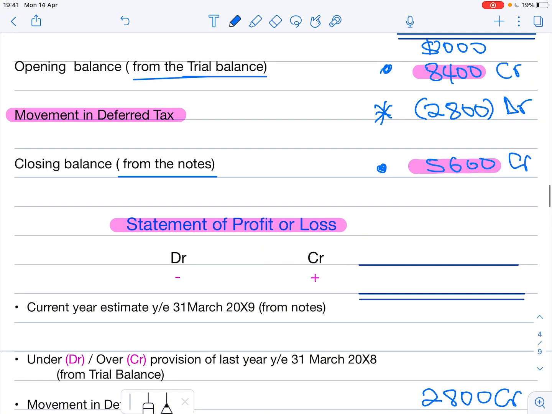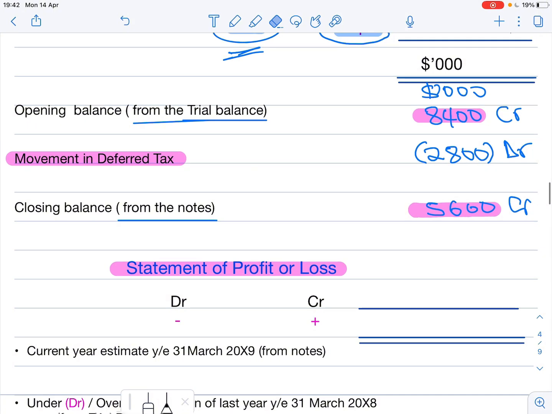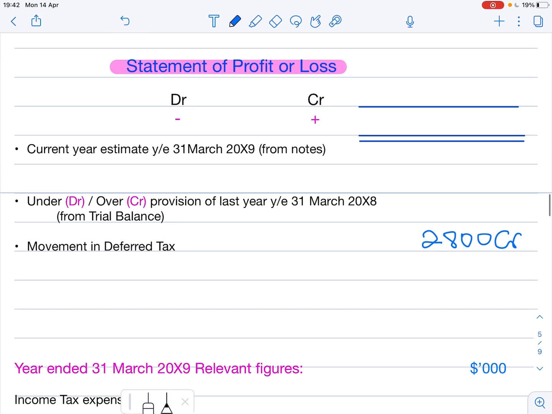All right, moving on. So we need to go back to the story, but just before we go back to that note, let's tidy up this and say this is the closing balance, and the only thing that left this deferred tax account is the movement in deferred tax, and that movement left the deferred tax account to the statement of profit or loss account.